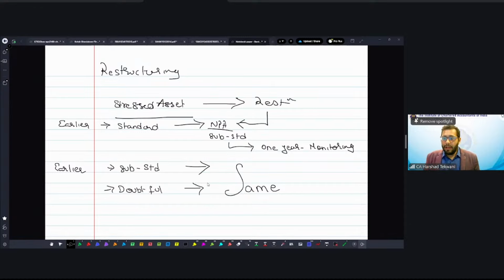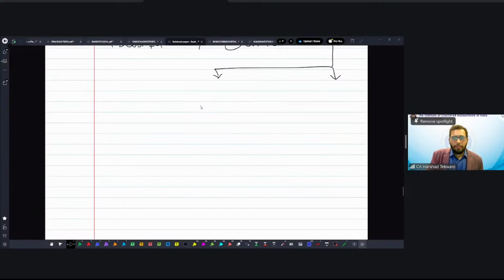And if there is satisfactory performance, that is, debt more than or equal to 10% of the outstanding amount on all the accounts is paid, or entirely paid. If it is paid during that 1 year, in that case, fine.